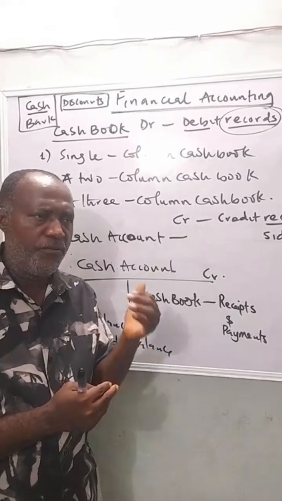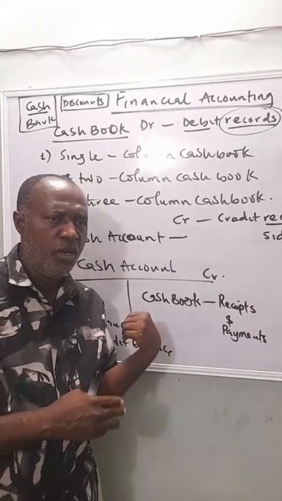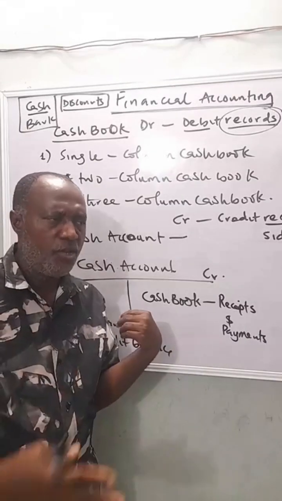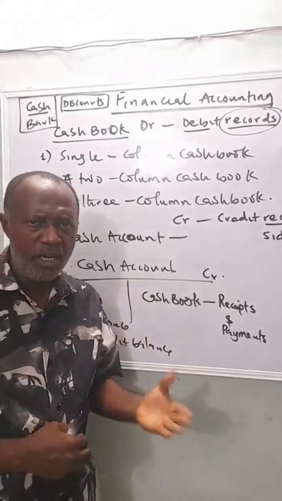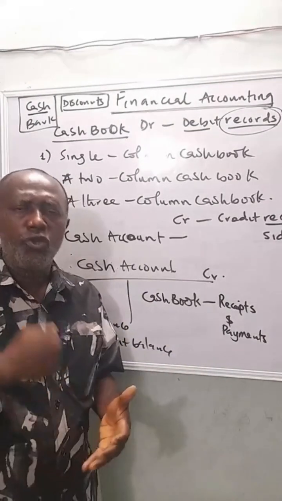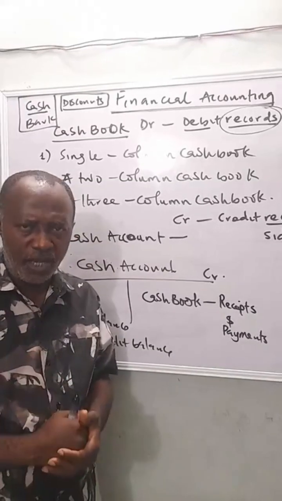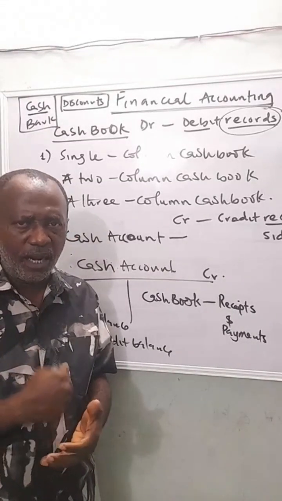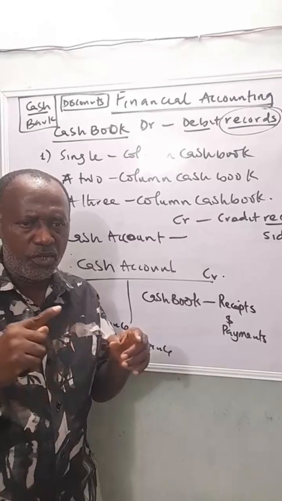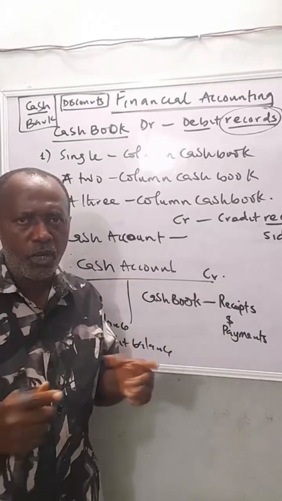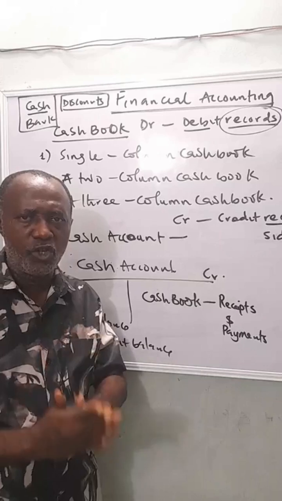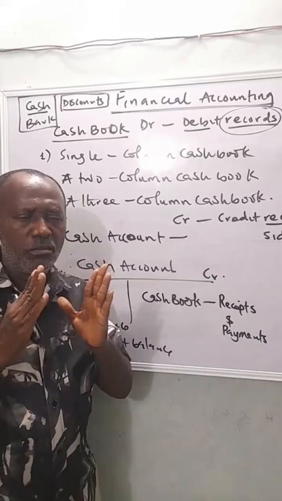That means if the cash book is debited, when posting to the ledger, you credit the ledger. If the cash book is credited, when posting to the ledger, you debit the ledger. Remember, the ledger is where we apply the double entry principle, which says that every transaction must be recorded twice.